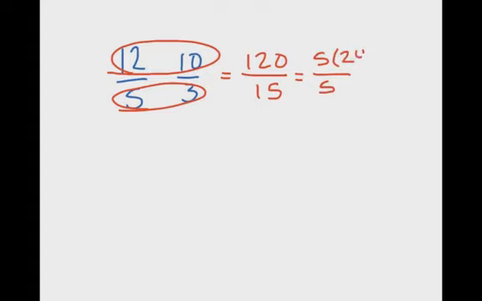What's left on top is 24. We have 3 left on the bottom. We would say 5 is a common factor. And then we'd look again and notice that 24 divided by 3 is in fact 8. So 8 would be our answer.